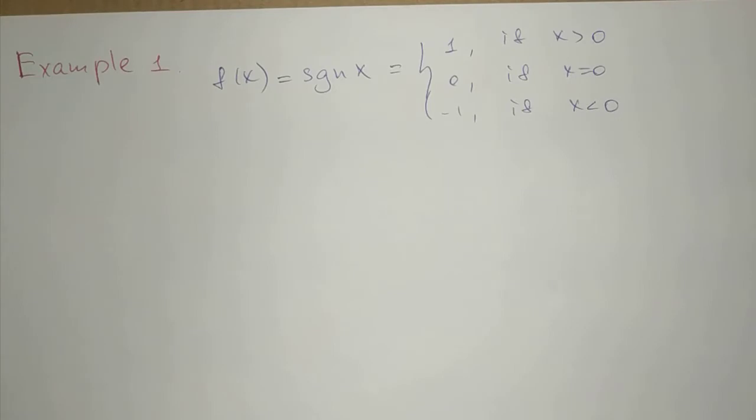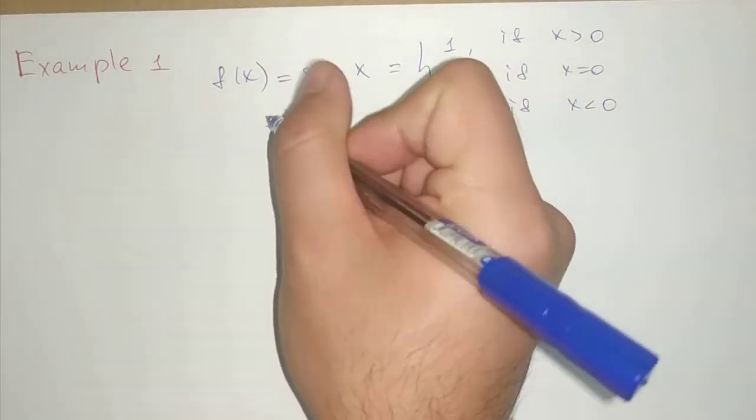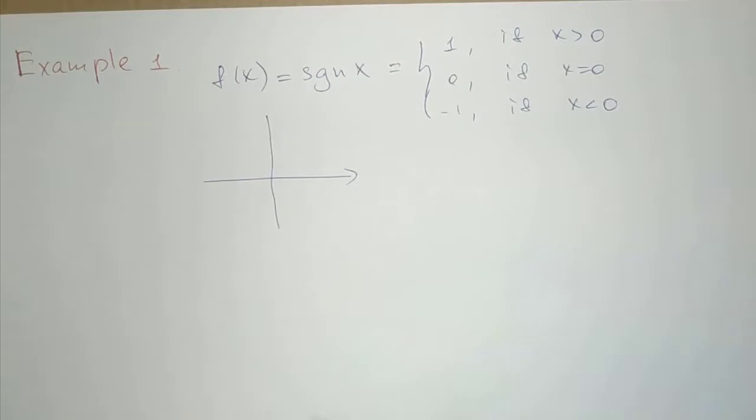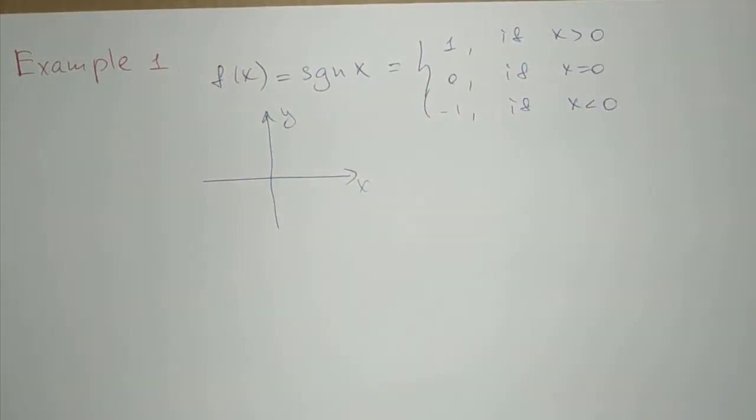And now, how can you find the point of discontinuity? If we draw the graph of this function, what do we get here? Here we have the point 0 when x is 0.